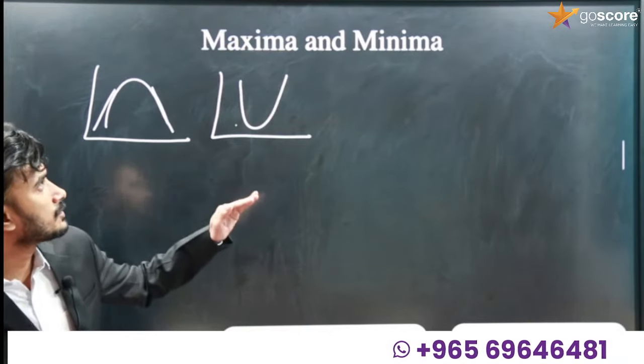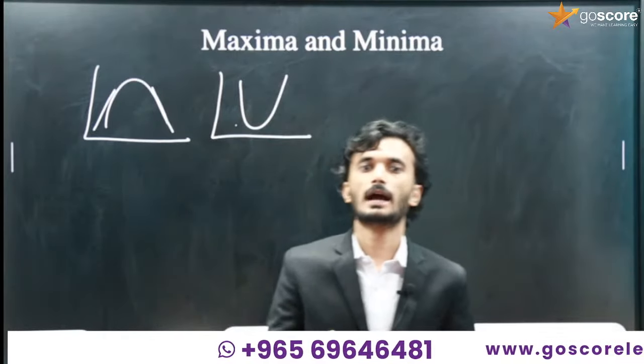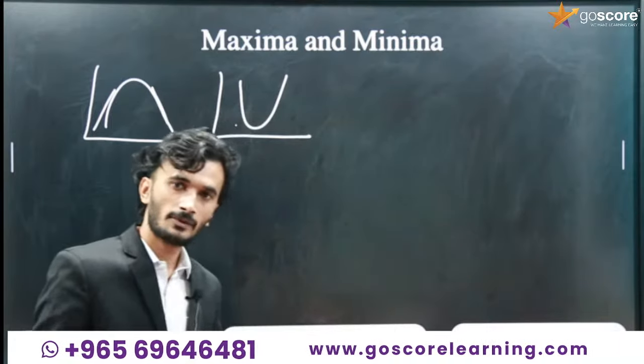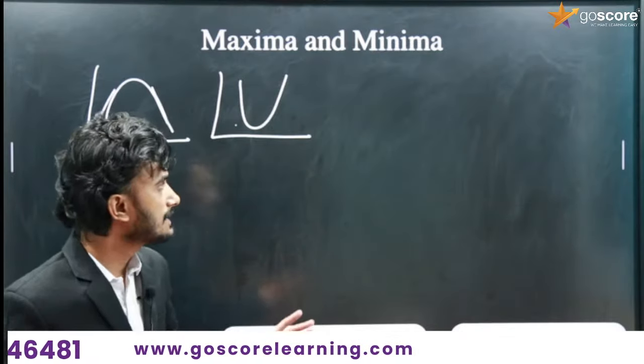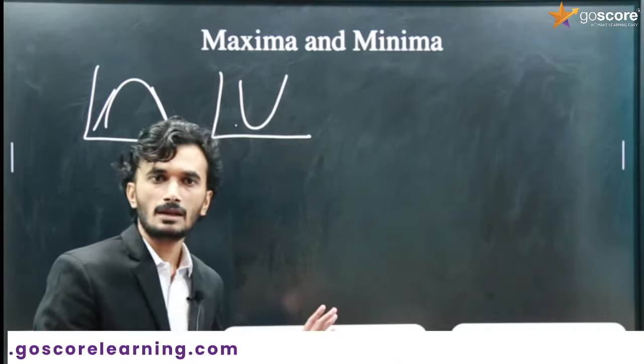Before moving to maxima minima, I will give the concept of absolute maxima minima, absolute maximum value, absolute minimum value, then local maxima, local minima. So we will discuss all of these in this class.